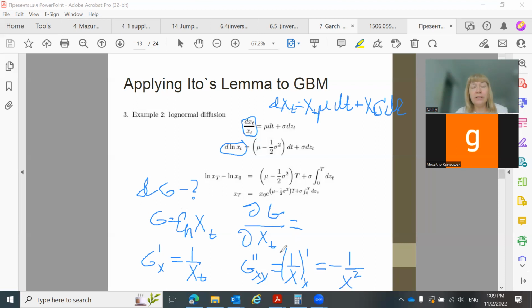And now we need to substitute all this in Ito's lemma. In Ito's lemma, dg equals, and in the bracket, do you remember, no?